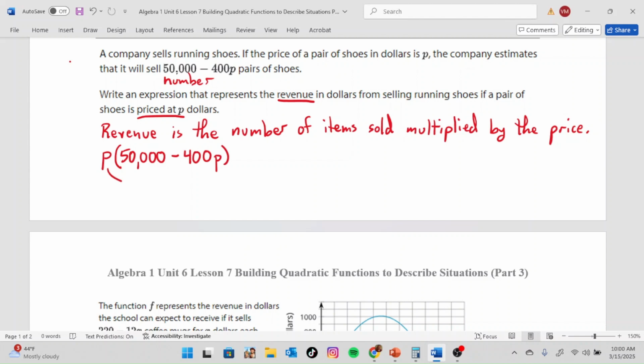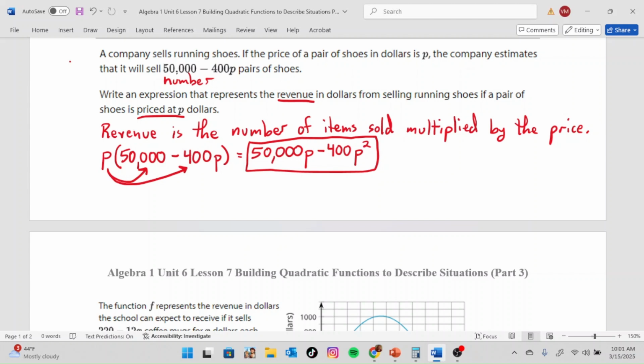We take the P and we multiply it by 50,000, and that gives us 50,000P. We take the P and we multiply it by negative 400P, and we get minus 400P squared. So this would be the quadratic expression that models the revenue that would be raised by selling these shoes at this price.